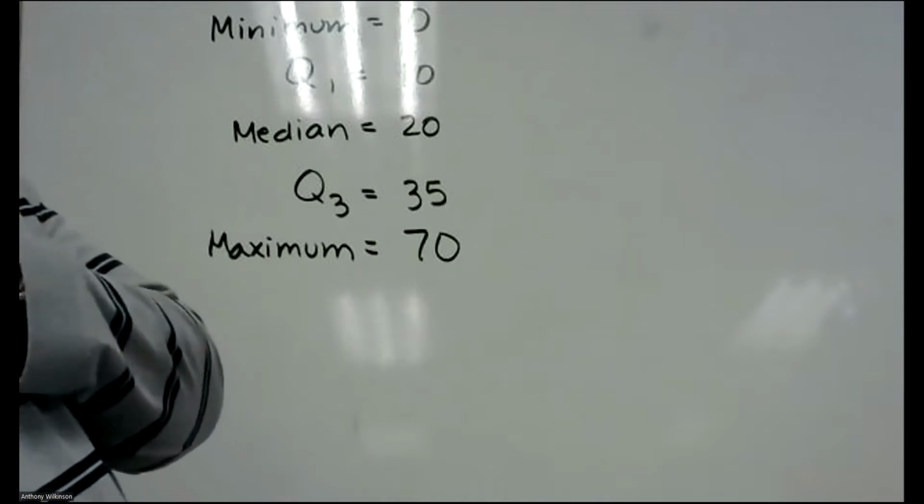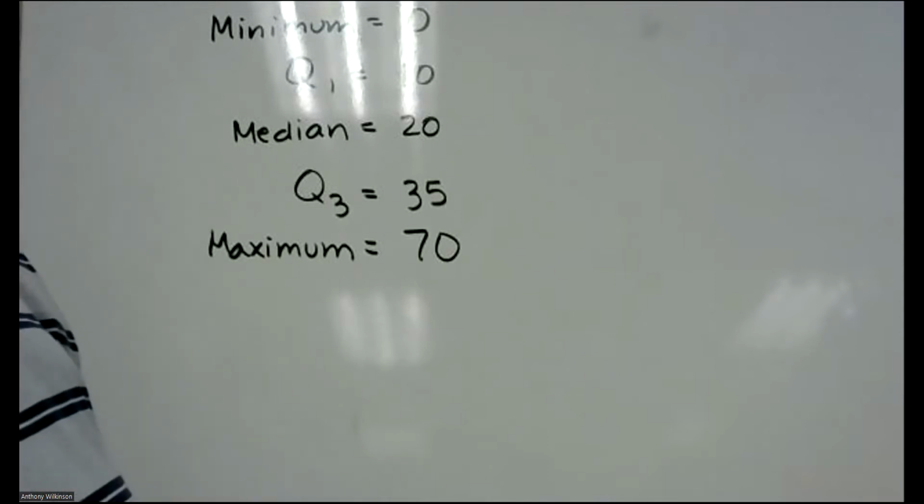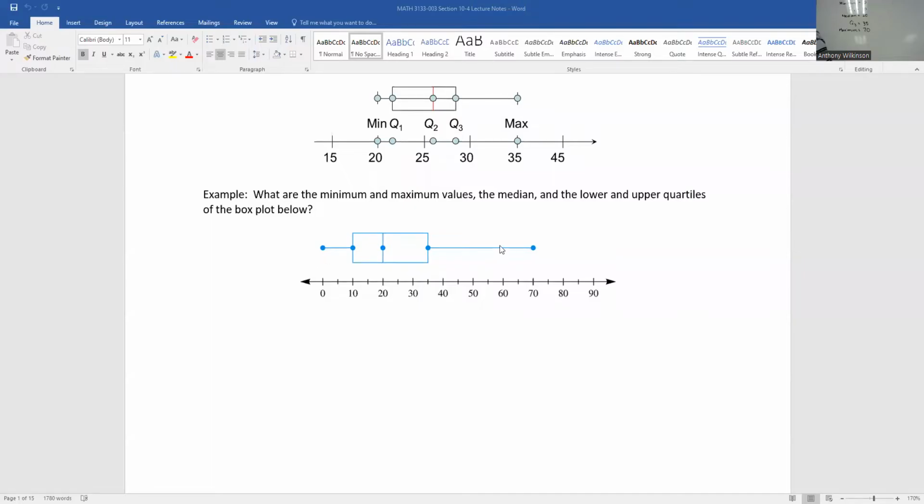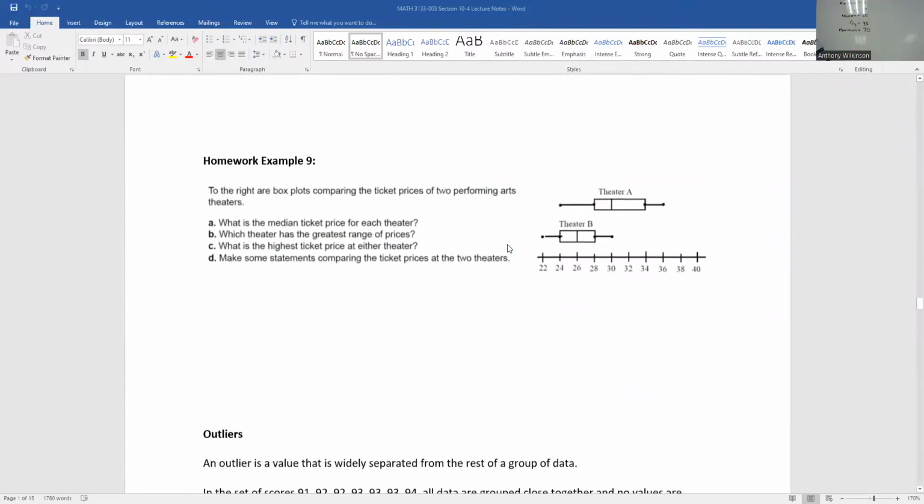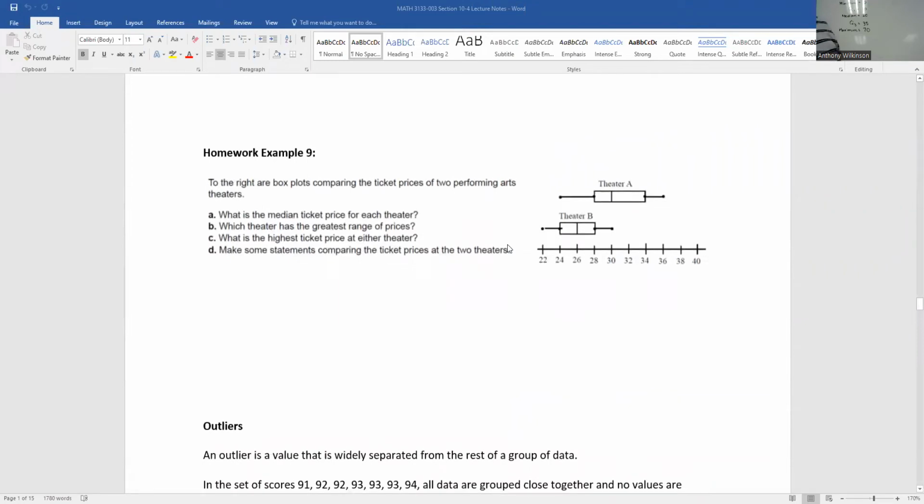Okay. All right, let's look at this next example here. So let's say we had something like this. To the right are box plots comparing ticket prices of 2 performing arts theaters. And in part A, we want to find out what is the median price ticket for each theater.